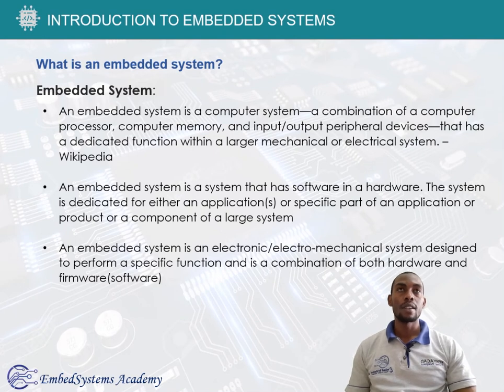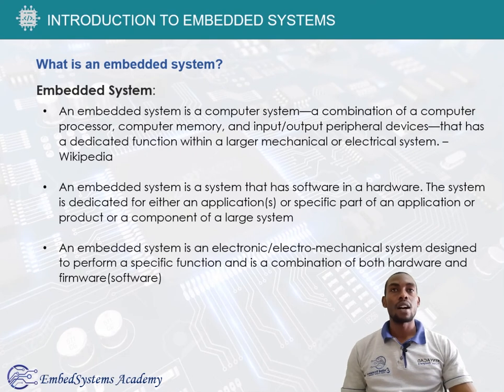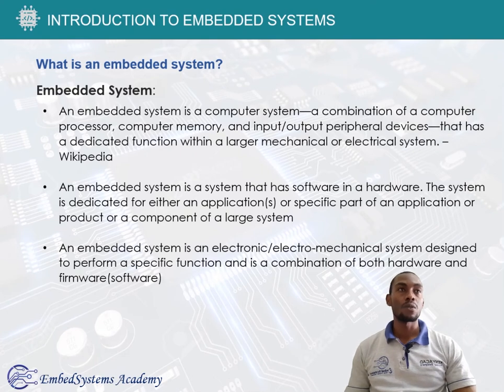The definition that I like most is this one: an embedded system is a system that has software and hardware. The system is dedicated to either an application or a specific part of an application. And finally, someone defined this as an electromechanical system designed to perform a specific function, a combination of both hardware and firmware.